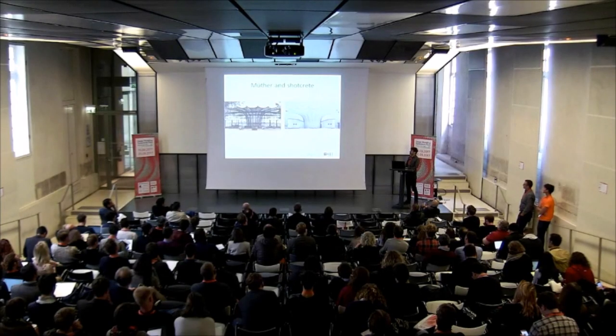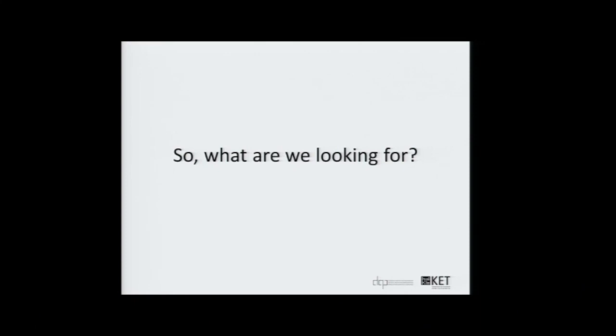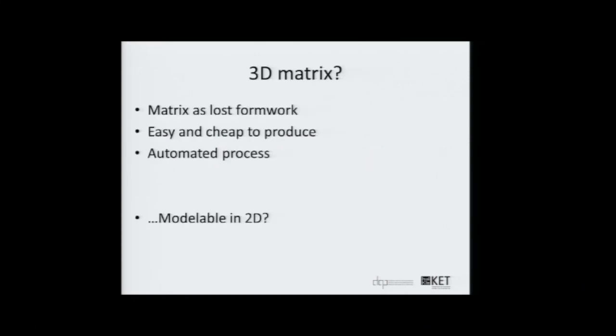However, producing such a three-dimensional matrix stays cumbersome. So what are we looking for? We are looking for a three-dimensional structure which can serve as lost formwork and reinforcement. But it should be easy and cheap to produce, ideally as an automated process, and without the necessity of spatially weaving the three-dimensional mesh.